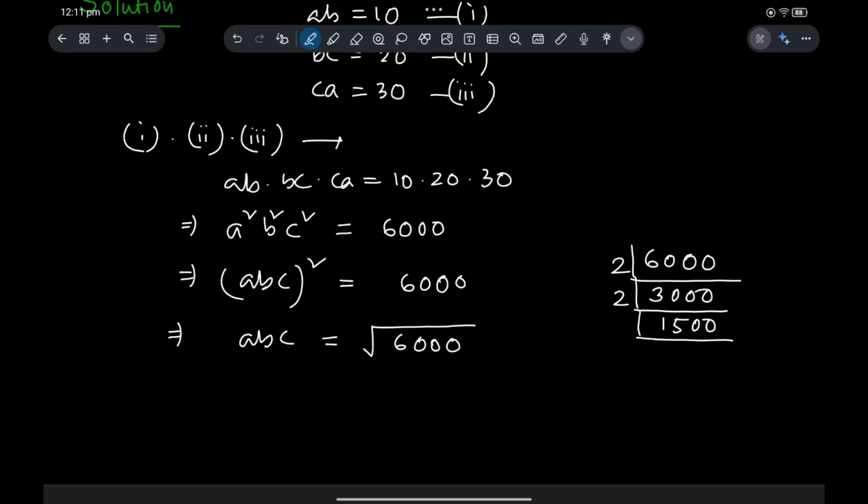Again divided by 2, we get 750. Again divided by 2, we get 375. Again we can divide this by 5, we get 75. Again divided by 5, we get 15. Again divided by 5, we get 3.